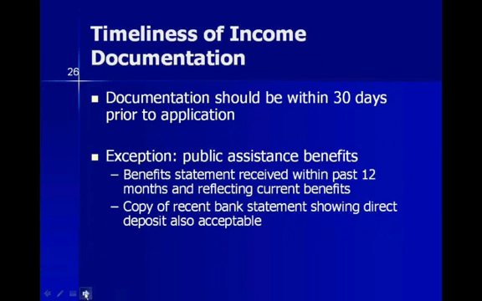And in that case, the most recent benefit statement that was received within the past 12 months would be an acceptable documentation of that benefit, so long as it reflects current benefits received by the applicant household. Also, it would be acceptable to show a copy of a recent bank statement that indicates a direct deposit of the benefit as another means of documenting benefit receipt and current income.